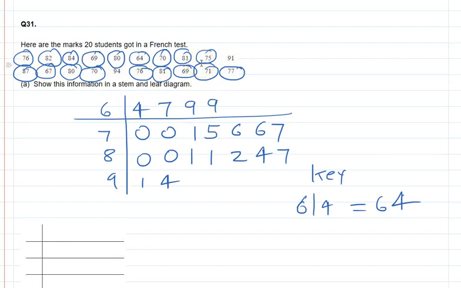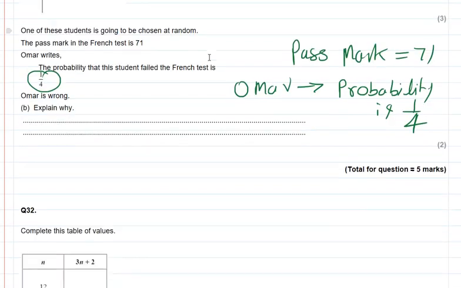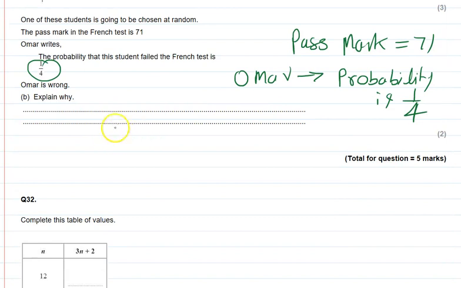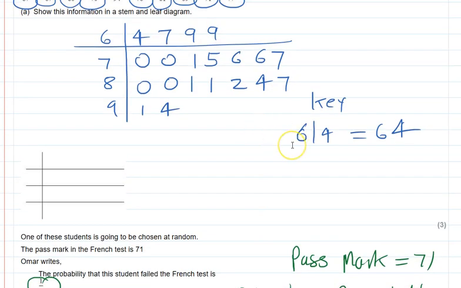So there are 20 members, and if we calculate 1 by 4 of 20, that comes to 5. So 5 students would be failing. If we count 5 students here, it will be 1, 2, 3, 4 and 5 students.